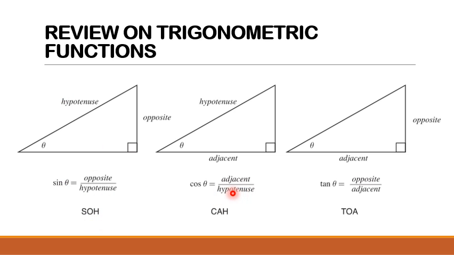Cosine theta is the adjacent of that angle divided by the hypotenuse of the triangle. Tangent theta is the opposite of the angle divided by the adjacent leg of that angle. So that's TOA. That's how we define SOHCAHTOA.